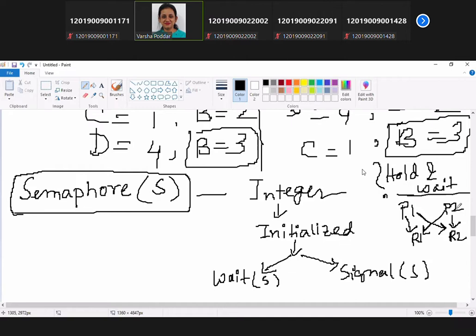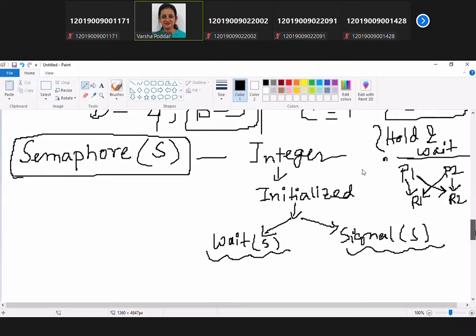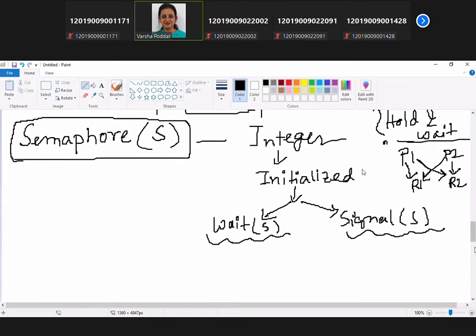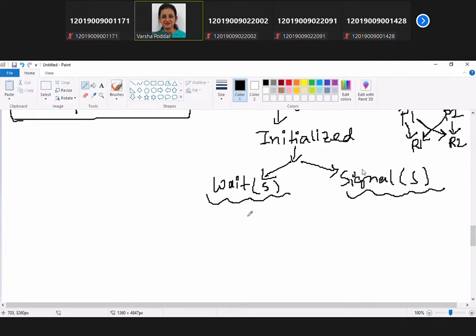We can write it either like this or like this. Now let us understand what wait does. By using wait, the semaphore value is reduced by 1.